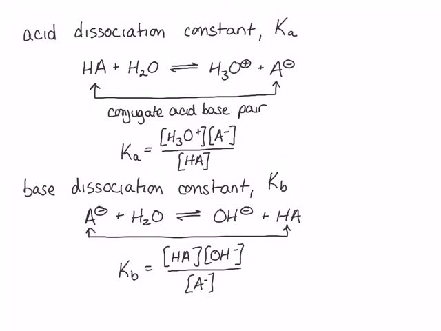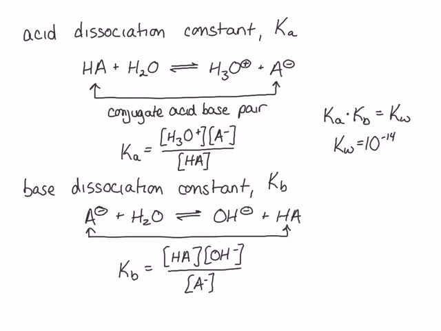Ka and Kb of a conjugate acid-base pair are related. Ka times Kb is equal to the water ion product constant, Kw, which is equal to 10 to the minus 14th. You can actually just derive this equation from the two equilibrium expressions for Ka and Kb.